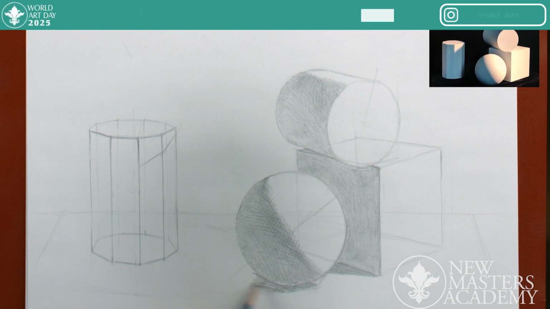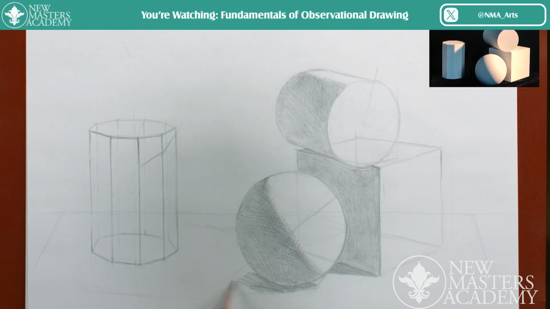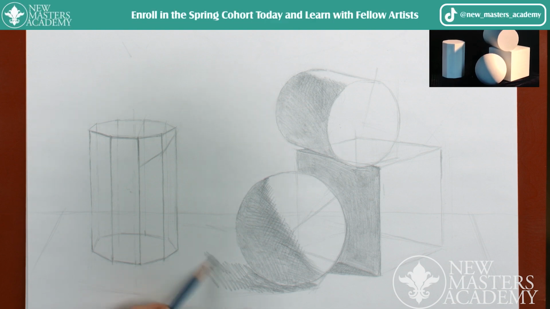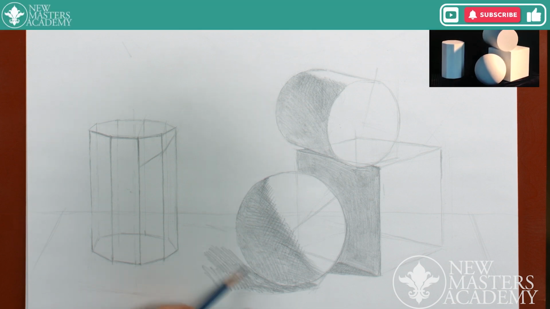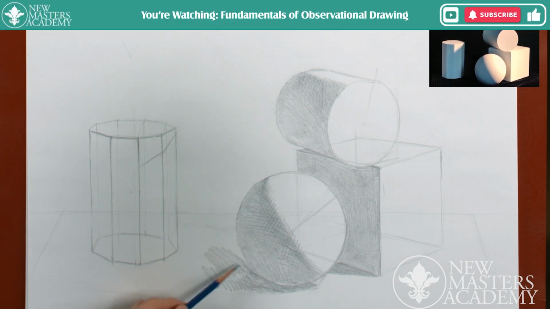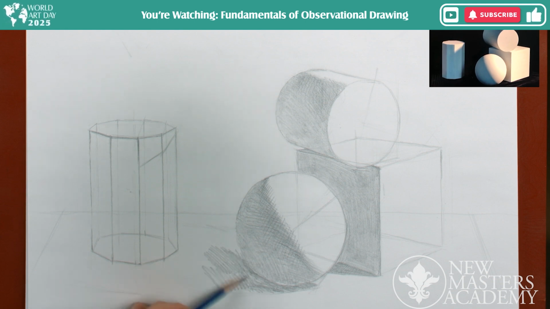And remember that you only really have to push the tone of the shadow as it's right up against the object in order to really lock in that reflected light in between your terminator core shadow and cast shadow.